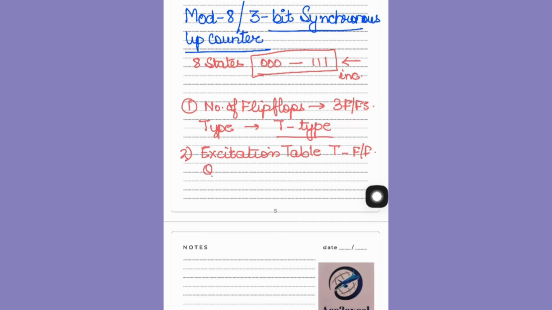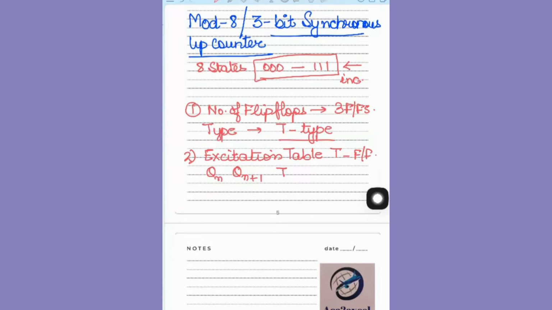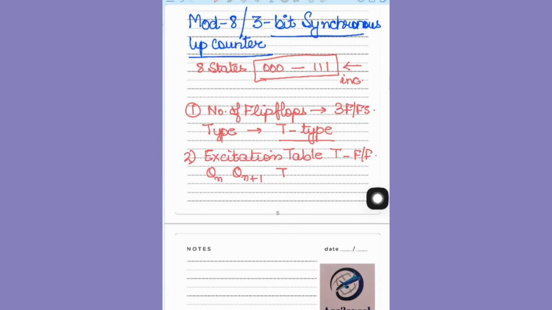The excitation table, as you know, consists of these values: present state, next state, and now if I consider the 2 inputs Qn and Qn plus 1, 4 possible combinations are there: 00, 01, 10, 11. Do keep in mind, T flip-flop means toggle flip-flop.